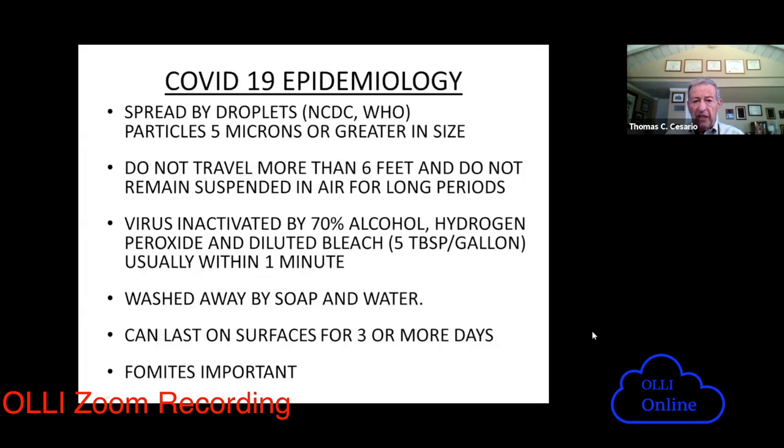So the next slide says that most of the time we are infected by particles that are 5 microns or larger. At least that's what we think. This is constantly a subject of debate. Is it possible that we're affected by aerosols, meaning some of these particles dry out? And if they dry out, they can remain suspended in the air for longer, and they can travel farther.